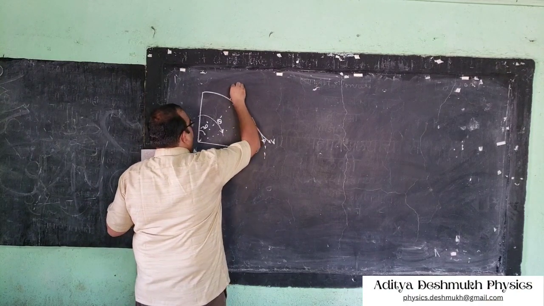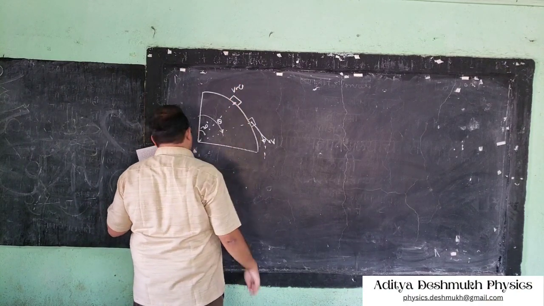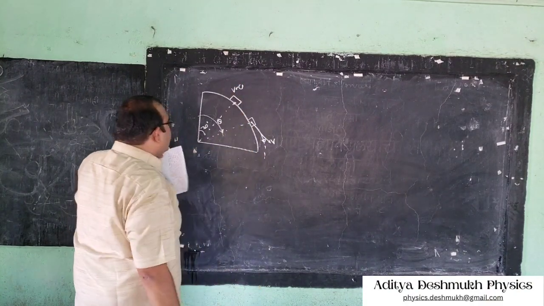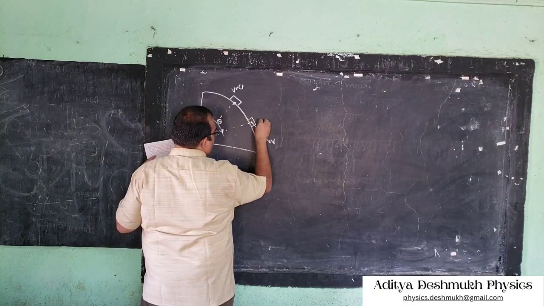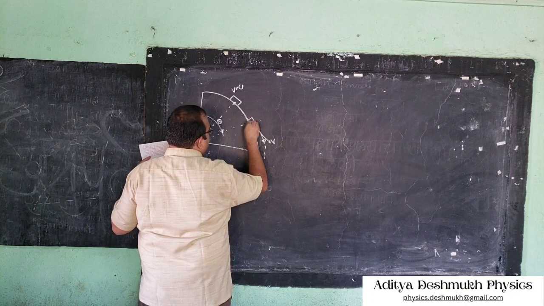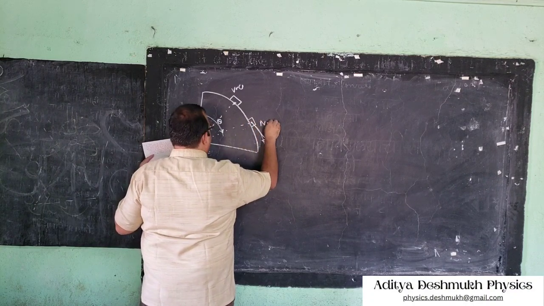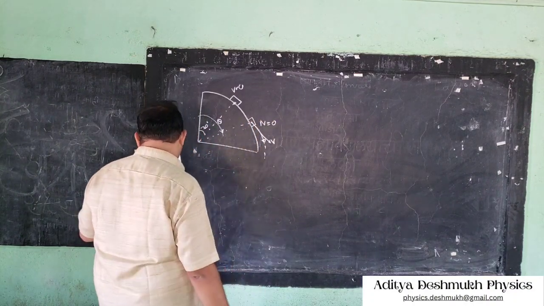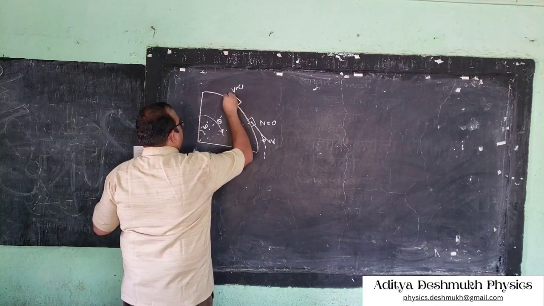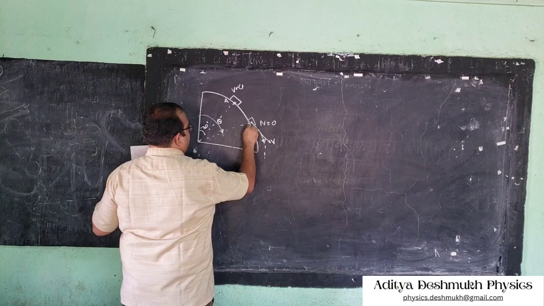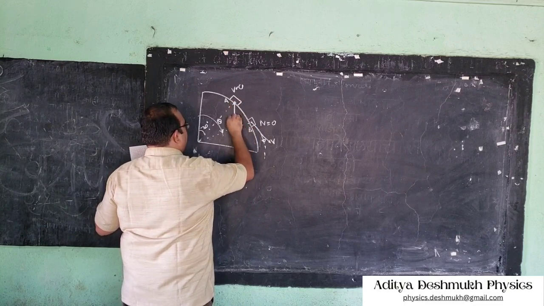So here my v will be equal to 0 because of the given condition, and here, as the box leaves contact with the surface, the normal reaction will be 0. So let's call this point A, this point B.